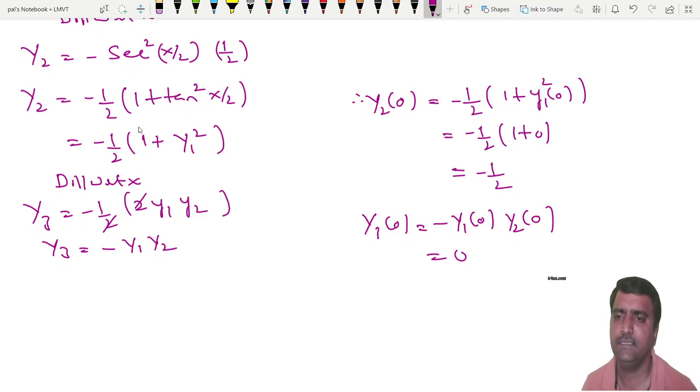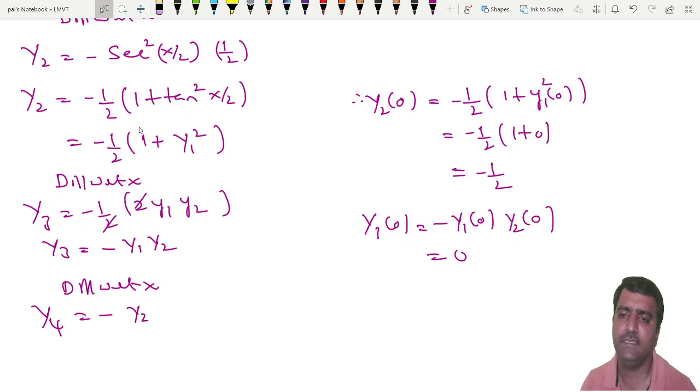Again, to find y4, you differentiate this with respect to x. So then y4 is equal to minus of differentiation of y1, which is y2, keeping y2 as it is. Again minus, keep y1 as it is, differentiation of y2 is y3. So y4 is equal to minus y2 square minus y1 y3.